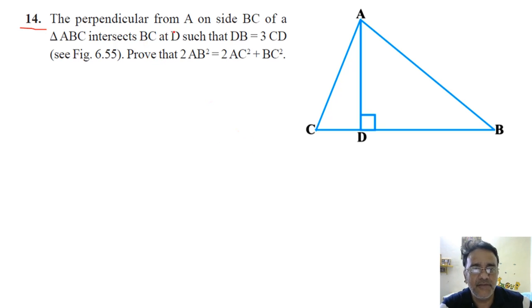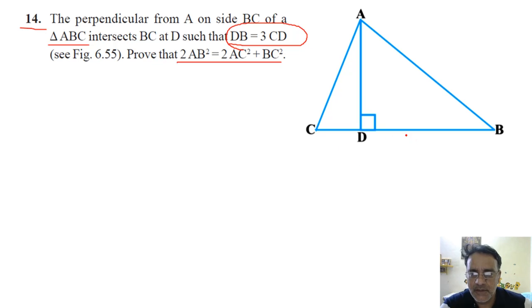The perpendicular from A on side BC of a triangle ABC intersects BC at D such that DB is equal to 3 times CD. We have to prove that 2 times AB square is equal to 2 times AC square plus BC square.